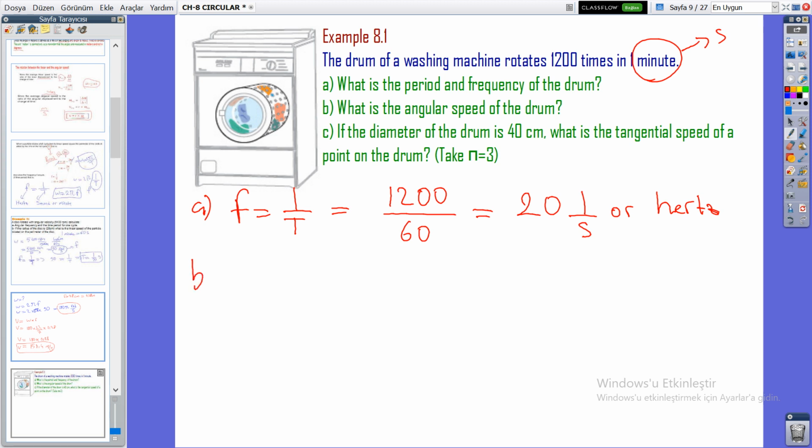And B: what is the angular speed of the drum?